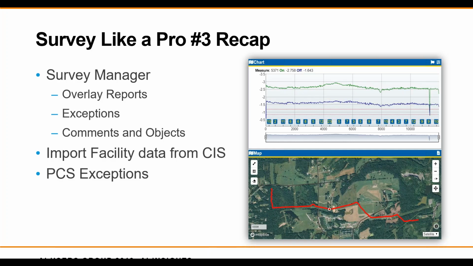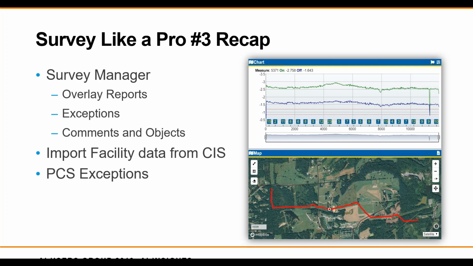In the third session, I went over reports in Survey Manager and in PCS, specifically overlaying surveys in SnapView and running reports on those. So those of you that are familiar with it, we have a really neat looking report called the chart PDF, and it looks kind of like this.